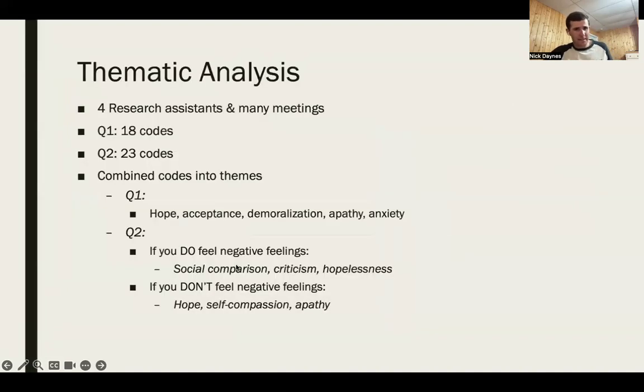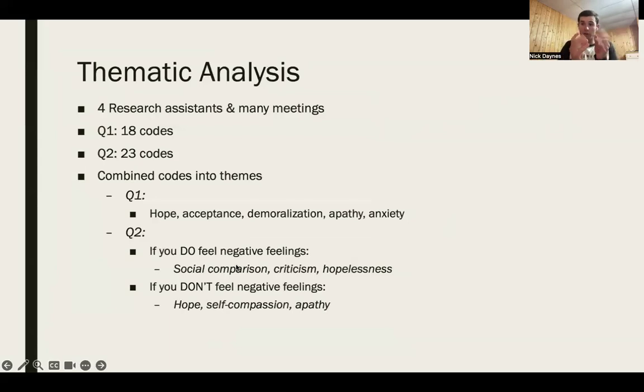So how we did this is we had 4 research assistants who met many times, and they read through all the questions, and this took them hours. And they basically pulled out common factors, common denominators in each of the answers. And for question 1, they found 18 what we called codes, 18 common ideas. And question 2, we had 23 common ideas.